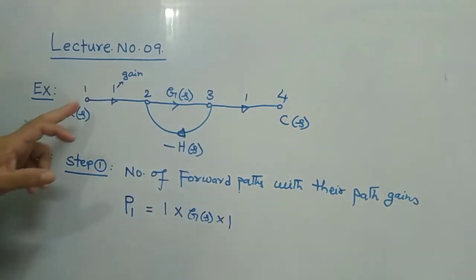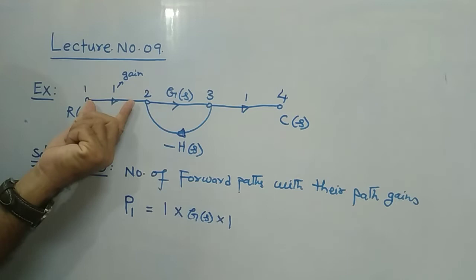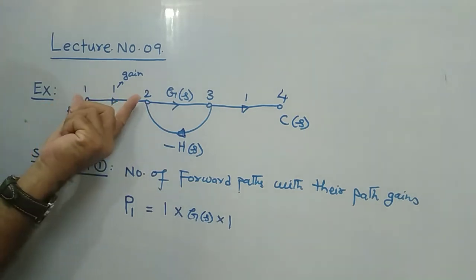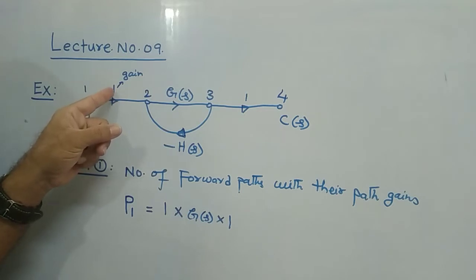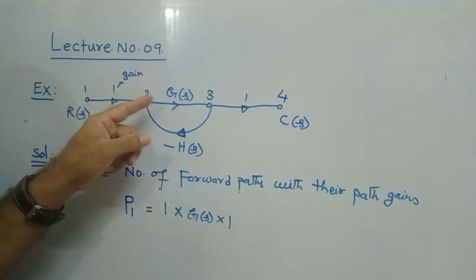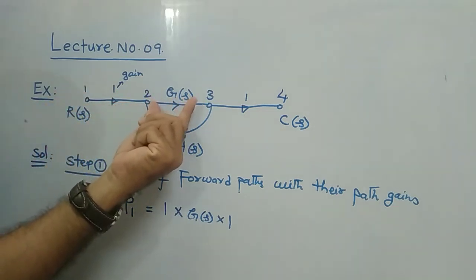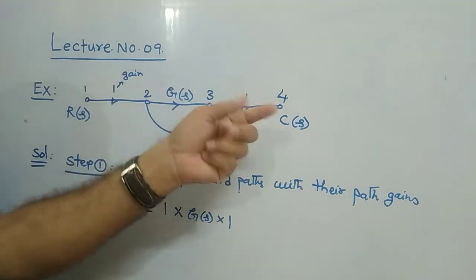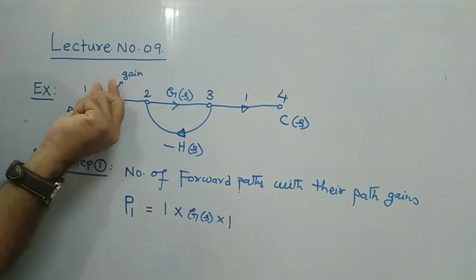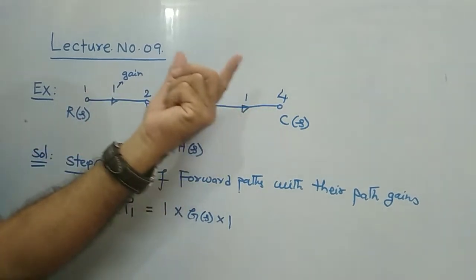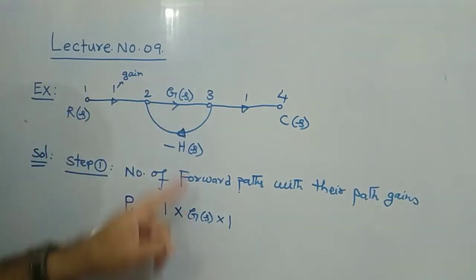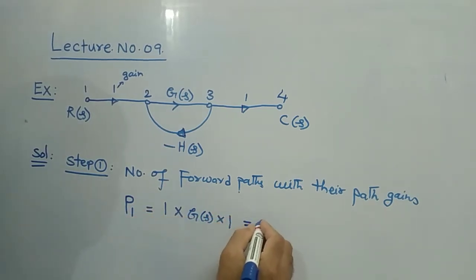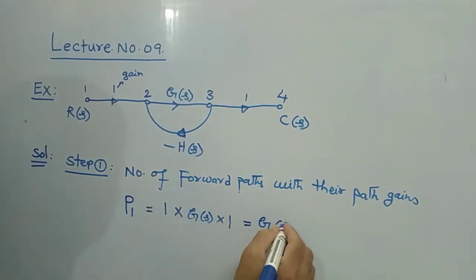Between node 1 to node 2, what is the gain available? Don't confuse here. That is 1. Node 2 to node 3, G of S. Node 3 to node 4, 1. Therefore, the gains are multiplied: 1 into G of S into 1, and your answer is simply G of S.